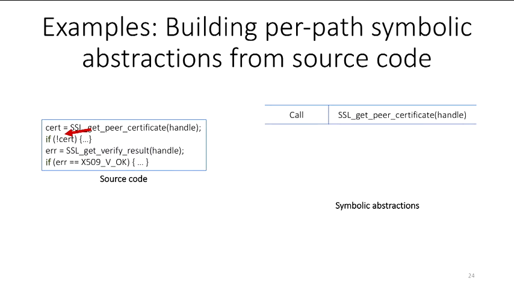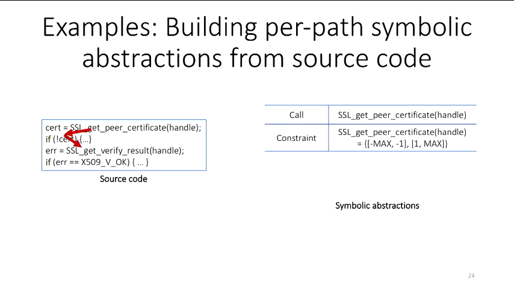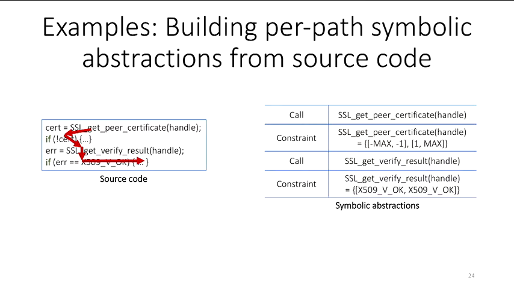If we follow the false path, the constraint that SSL_get_peer_certificate is non-null is recorded in the symbolic abstraction. And it calls SSL_get_verify_result. This call is also recorded in the symbolic abstraction, and it checks whether it is OK or not. If we follow the true path, then SSL_get_verify_result is OK is recorded in the symbolic abstraction.